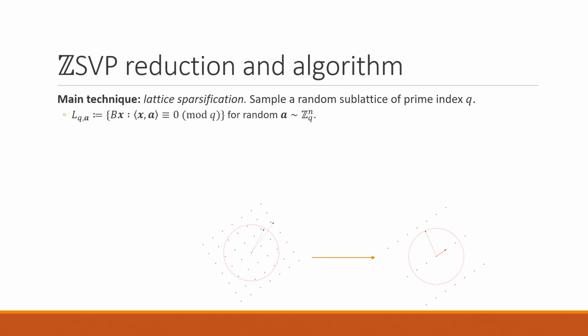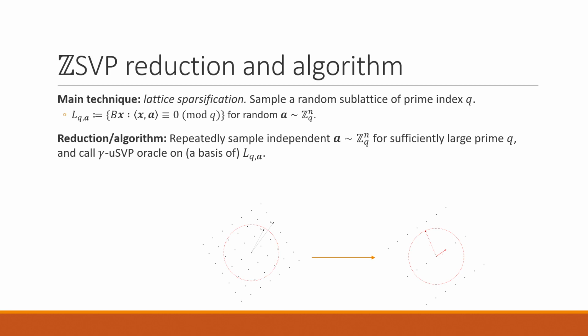The way you can do this is you define LQ of A here. If B is a basis of your input lattice, then you take the sublattice formed by Bx, such that all the coefficient vectors x satisfy a random linear constraint mod q.